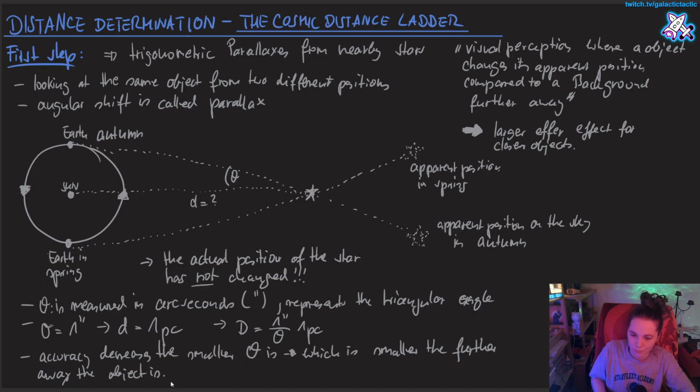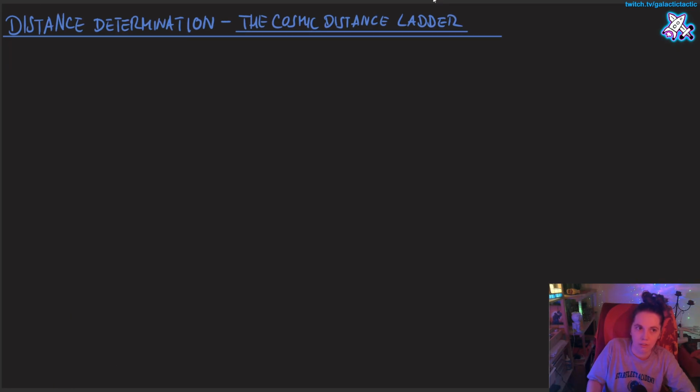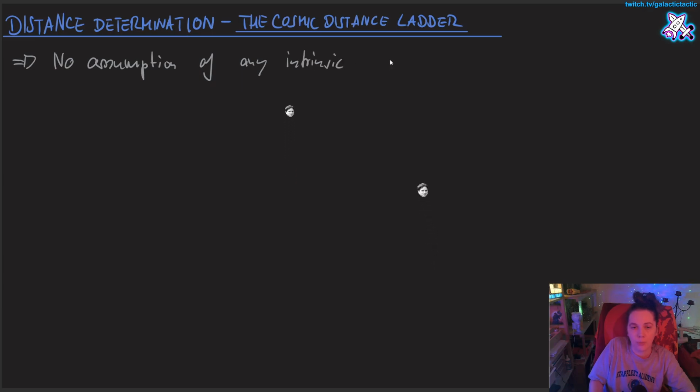Okay. But the very important thing here, and that needs to be noted, is for the first step, no assumption of any intrinsic property needs to be made. We don't need to make any assumption about any properties of the object.